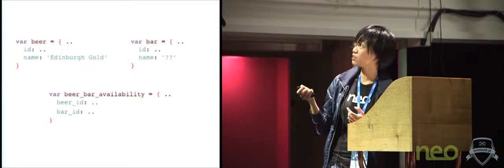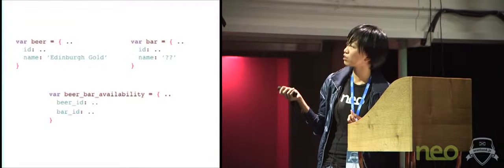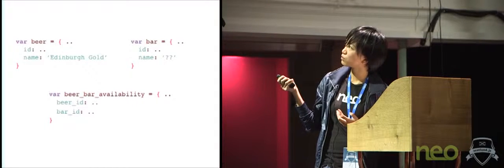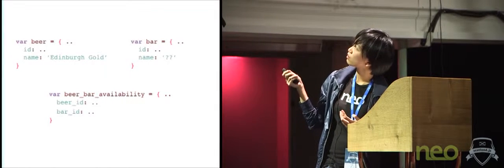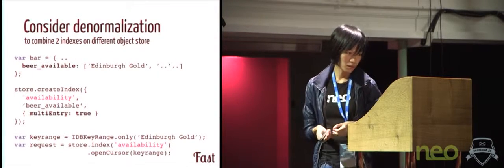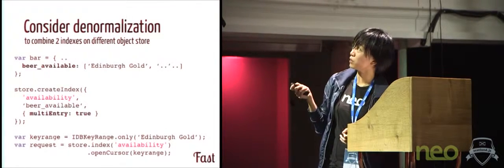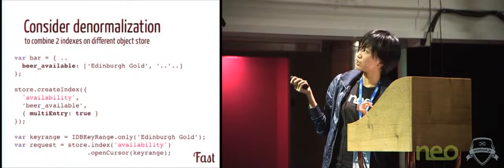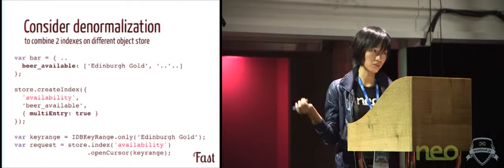However, as you can see here, if we're going to do it this way, it means that we're going to have to merge these 2 relations together, and it's going to be slow in IndexedDB for sure. So another way to do it is maybe to have a beer-available property as an array of all the names of the beers available at that particular bar.